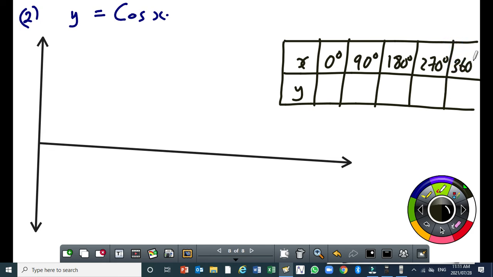Okay, so you substitute x equal to 0 there, cos 0 is 1, cos 90 is 0, and then cos 180, that's minus 1, cos 270, that's 0, cos 360, that's 1. Okay? Right, so let's sketch that graph.